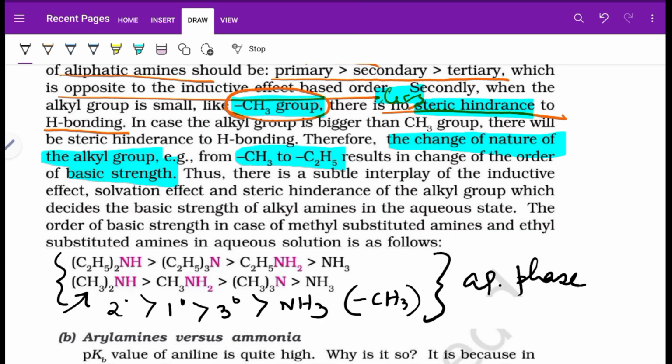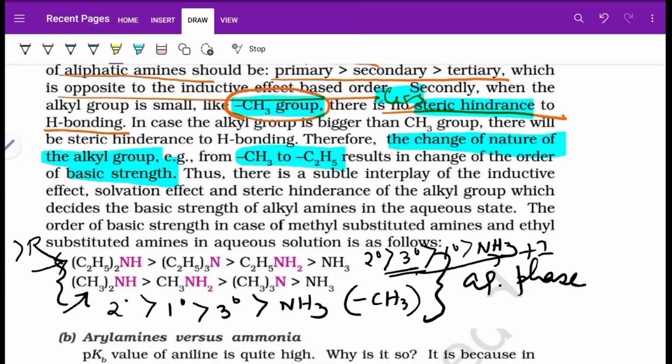But if not methyl, if ethyl or maybe a bulky R group, then it is 2-degree greater than 3-degree greater than 1-degree greater than NH3. Why? The reason is the plus I effect becomes more powerful in this case, increasing the electron density over the nitrogen atom.